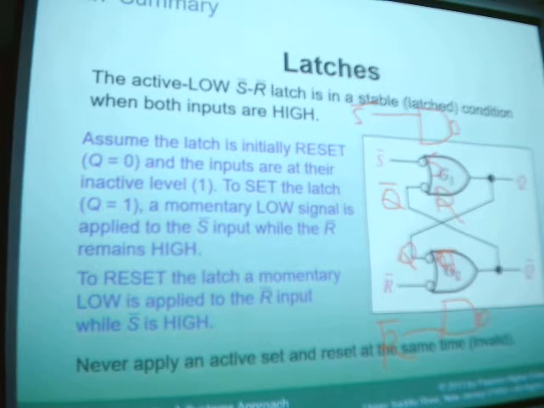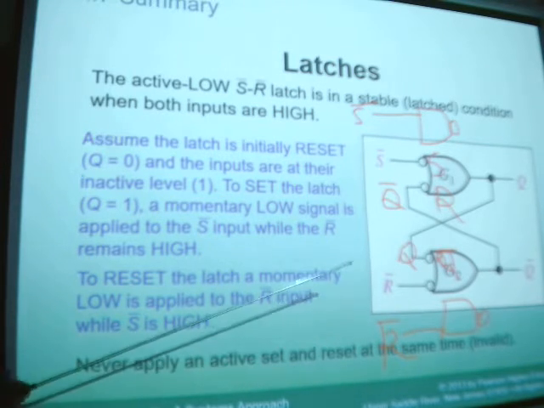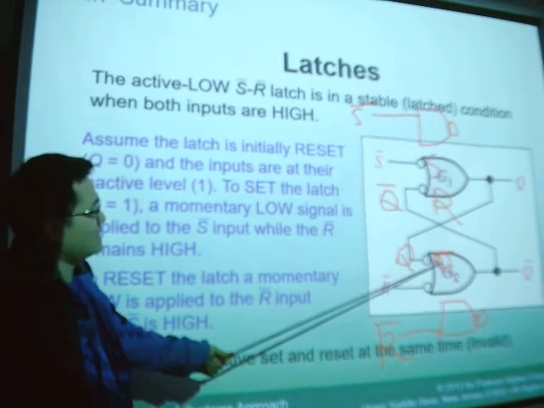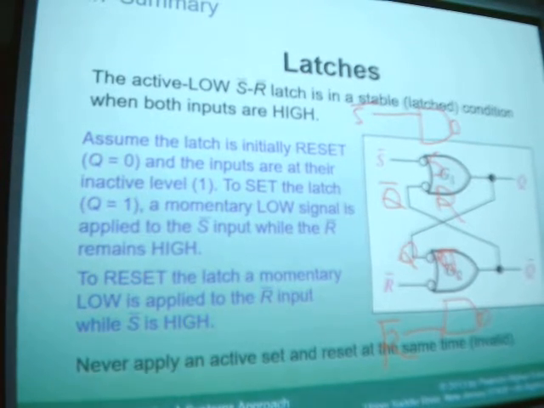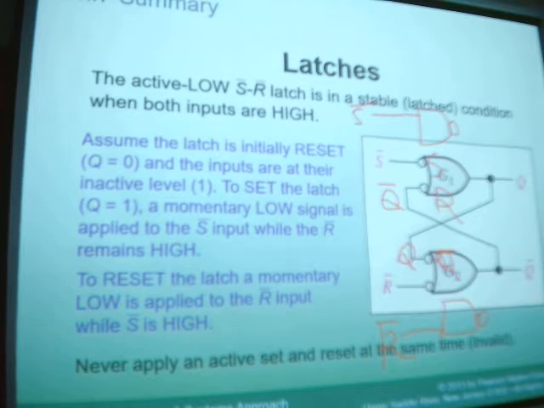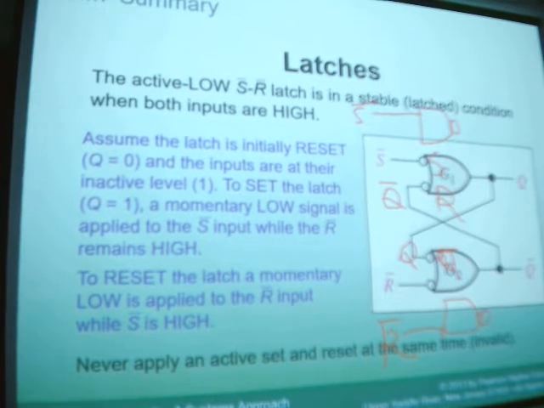Q equals S and Q, right? And Q bar equals Q bar R plus Q bar, right?